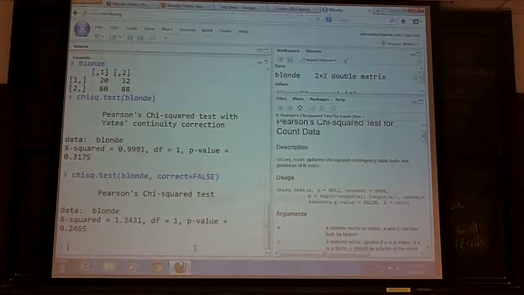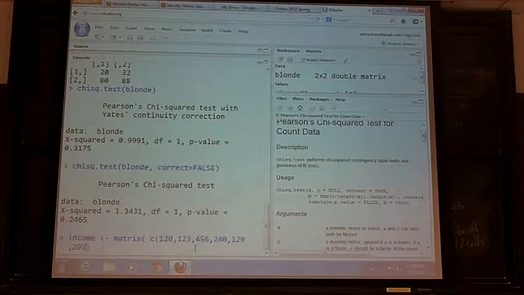And you can put in giant tables also. So if we were doing this income thing, and somehow we created a table, the thing to remember is you have to make it into a matrix, and I'm just making up numbers here. I just need 1, 2, 3, 4, 5, 6, 7, 8.